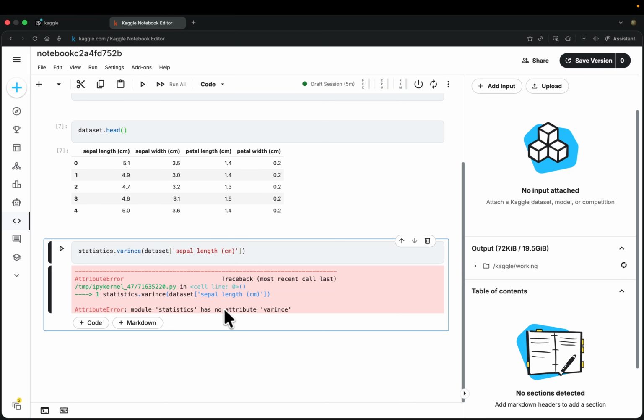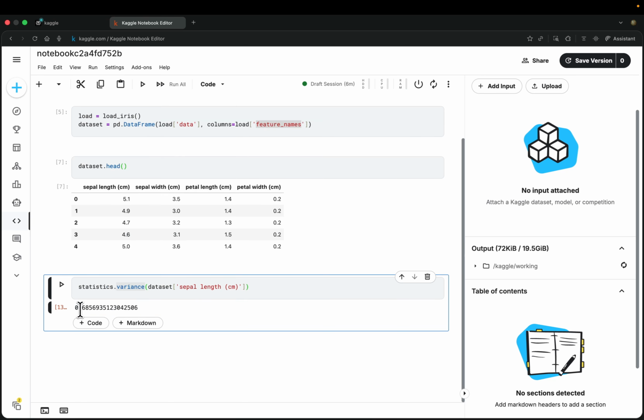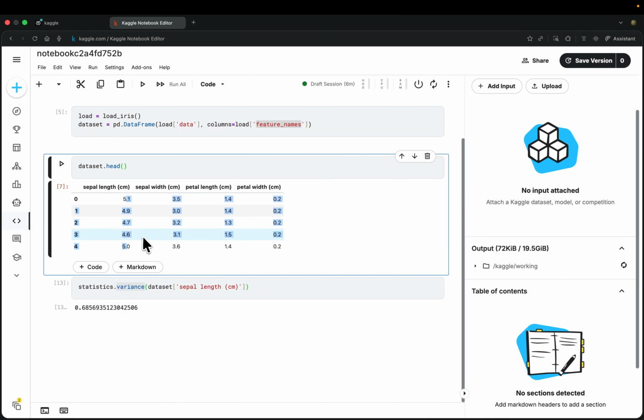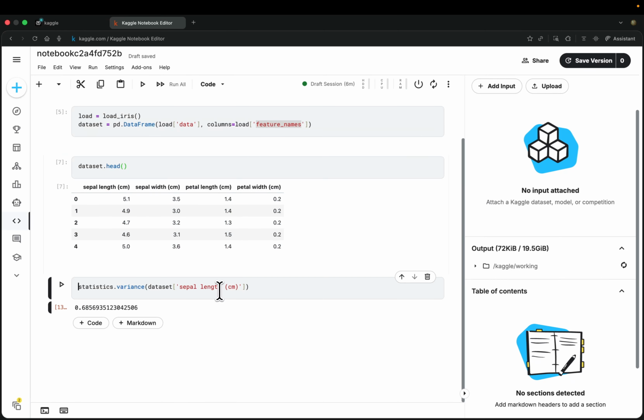And there is a problem. I'm sorry, I misspelled it. Variance like that. And it's 0.68, so the variance is extremely low. We can even import NumPy. I'm talking a bit about the next lesson, but whatever. We can import NumPy as np.